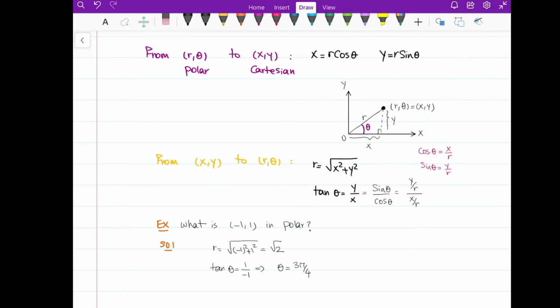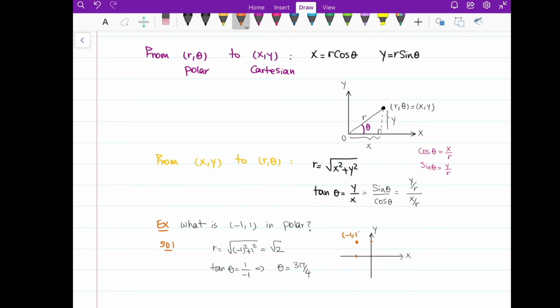Okay, so let me draw the full picture. This is the x-axis. This is the y-axis, and then the point -1 and 1 would be here.